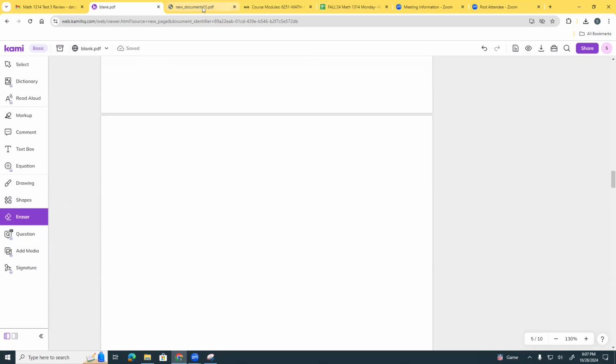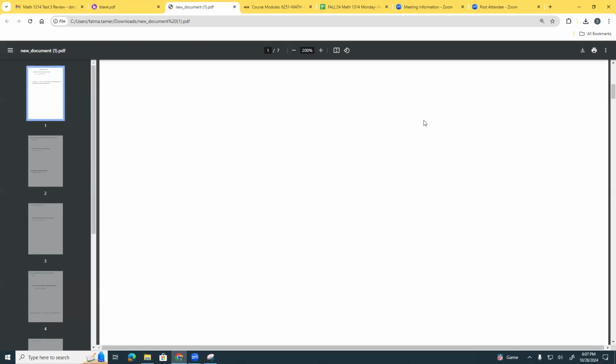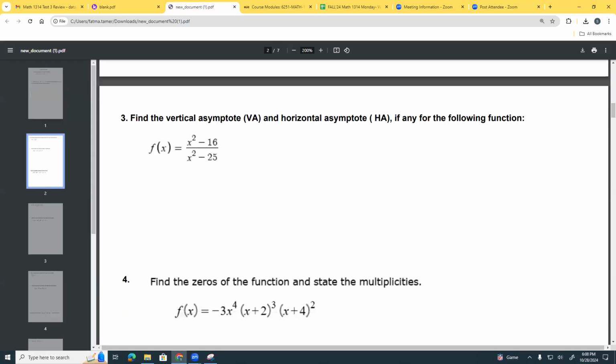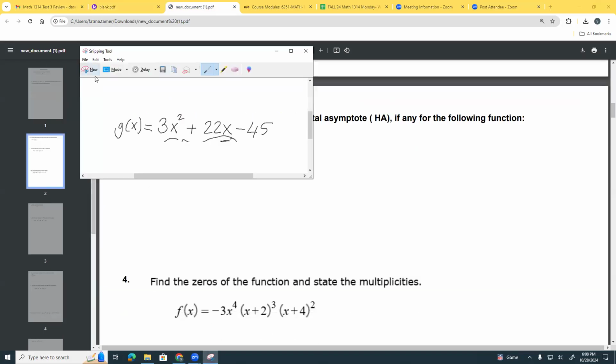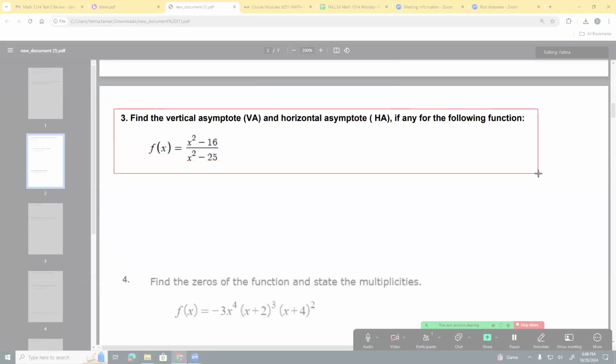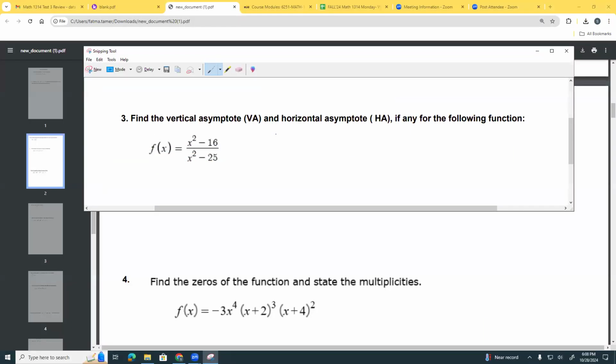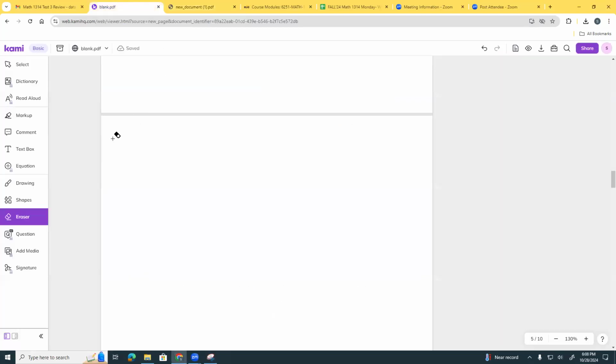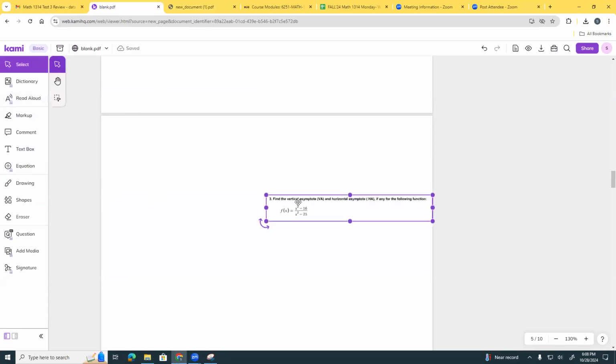Okay, now if we go back to our test review paper, the third question is a lot easier than number 2. And again, I have 2 questions about this objective, which is finding the vertical asymptote and horizontal asymptote of a rational function.